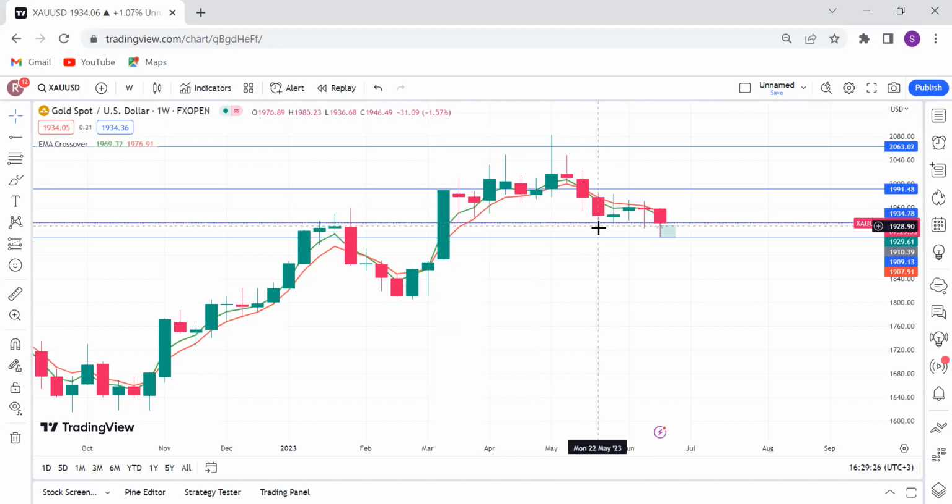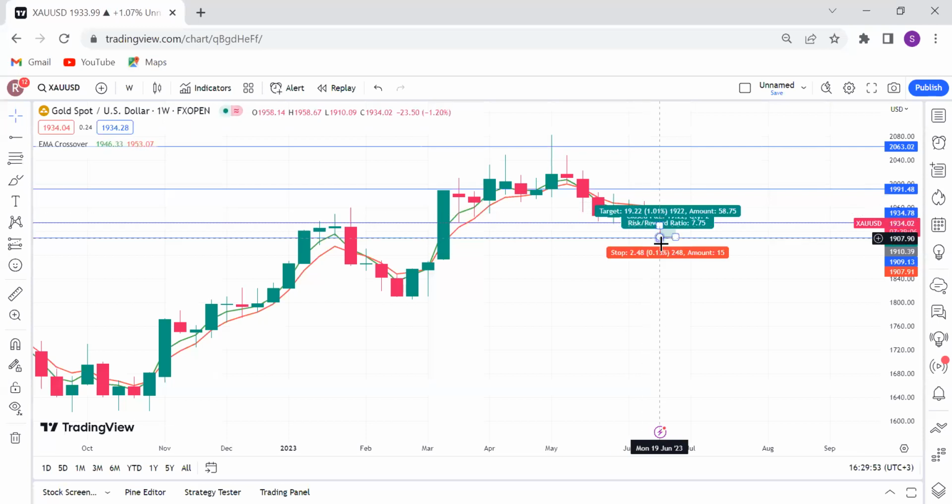I mean, there was a support zone over there. Bullish again, bearish. Now the bearish move that happened here has come back down to hit our 1909 level, which was a previous very volatile and high momentum zone that the market respected.